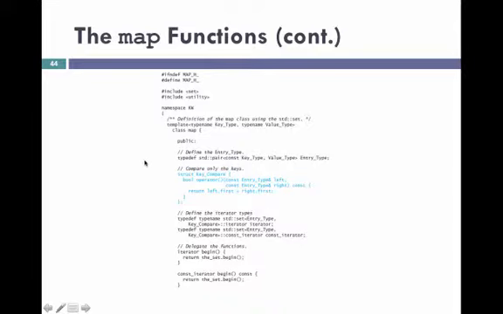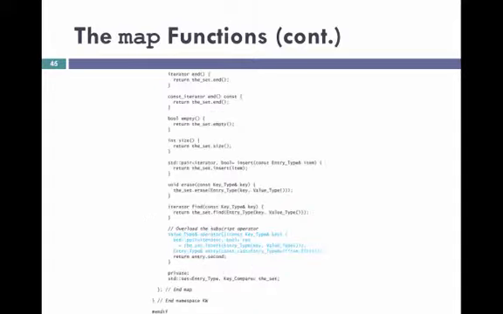So here is the map.h file. We have our entry type, which is a pair for our keys and values. Here's our key compare function. It's a struct that gives our function to compare the keys. We have some methods dealing with the iterators.